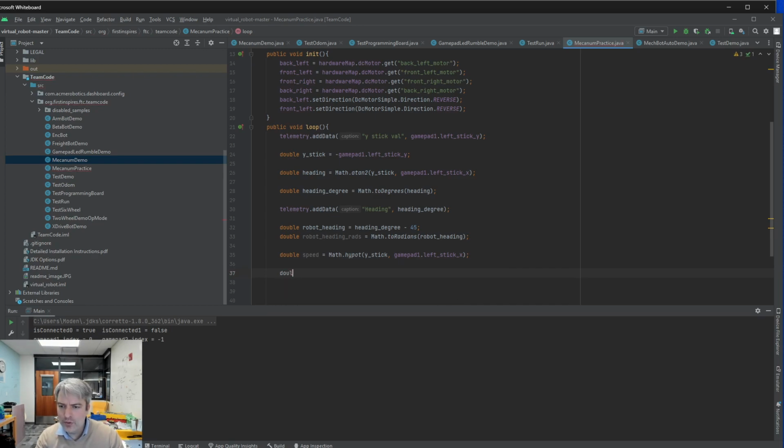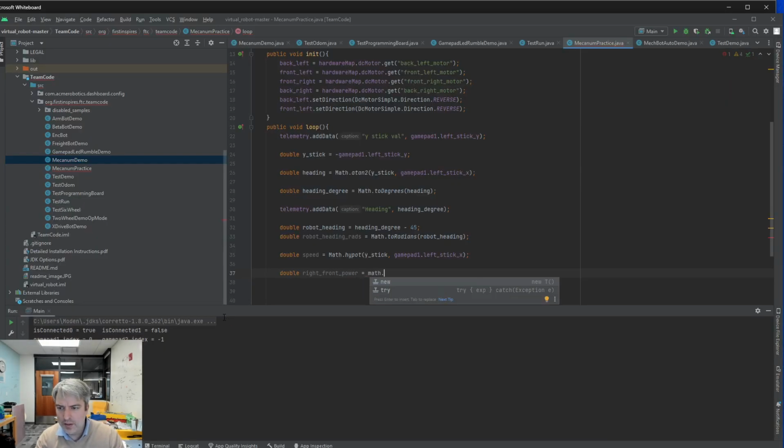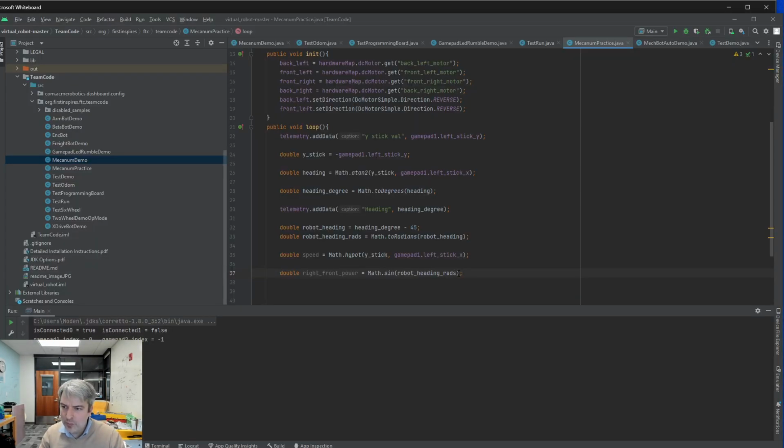All right, so now I need to make some double powers. I'm going to do it in this convention: right front power is going to be equal to math dot sine of robot heading in radians. Oh, and then we need to multiply by speed too.